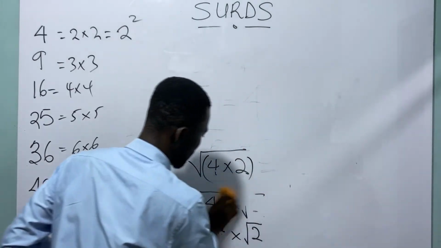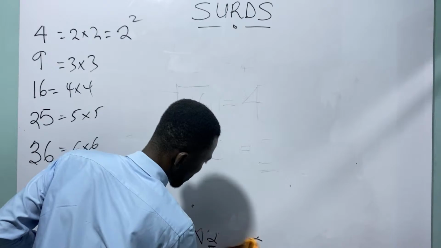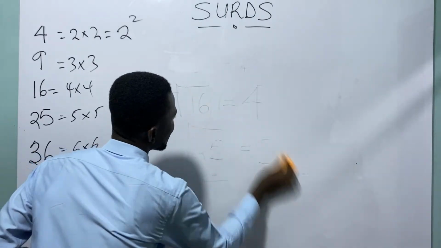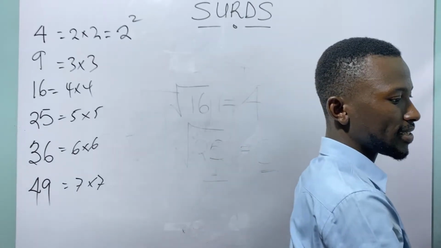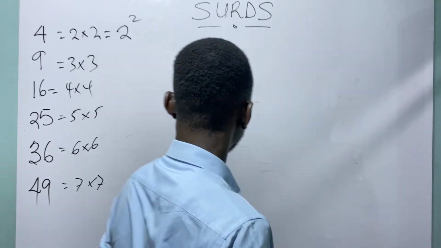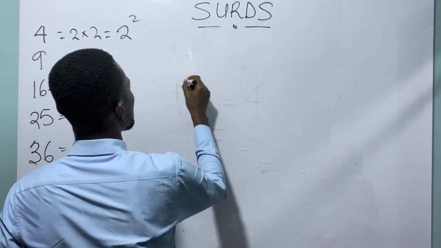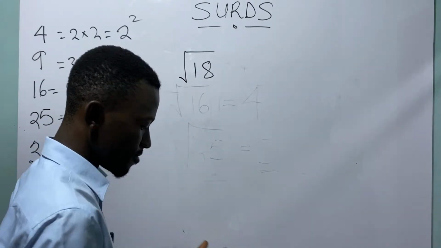How to simplify surds. Our next example, square root of 18.